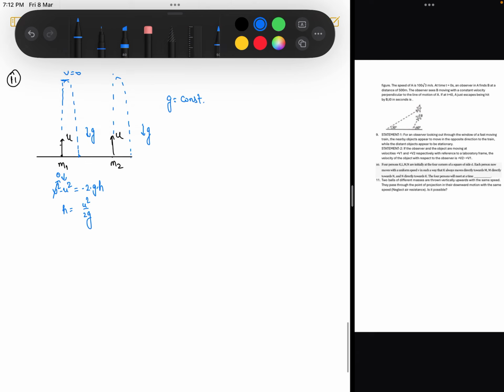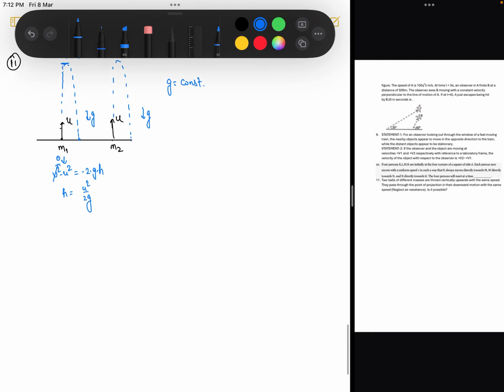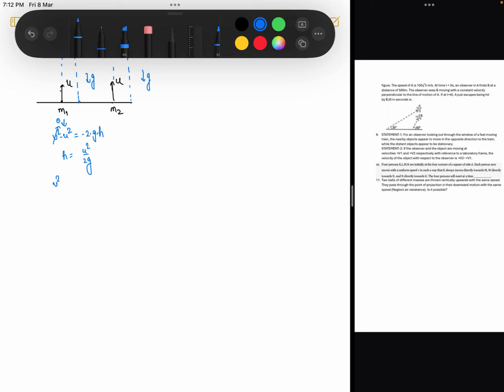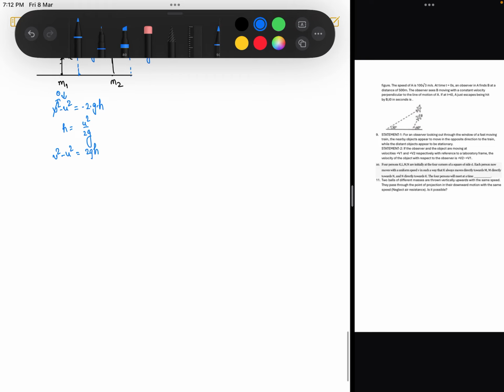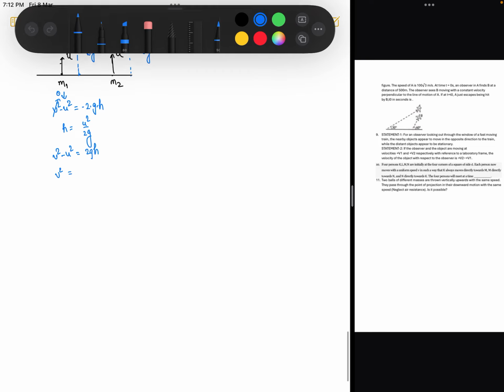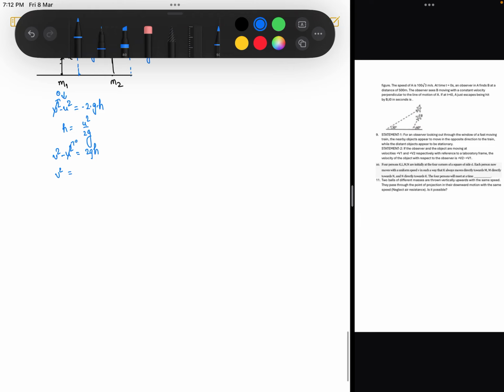From this height, the particle's initial velocity will be 0. Similarly v square minus u square is equal to 2gh. So v square will be equal to 0 plus 2 into g into the height, which is u square over 2g.